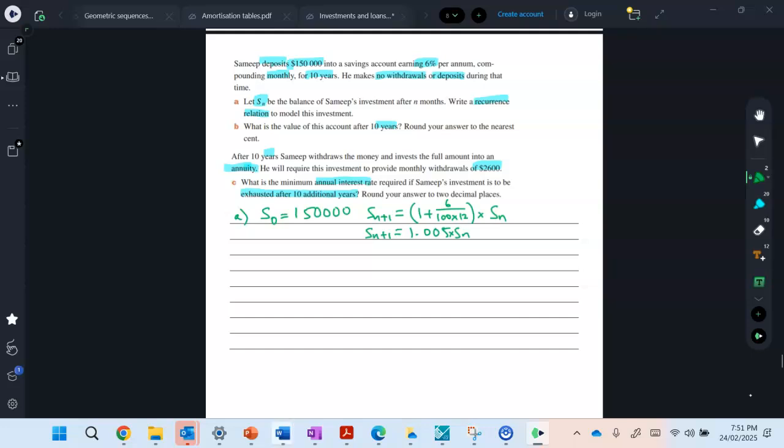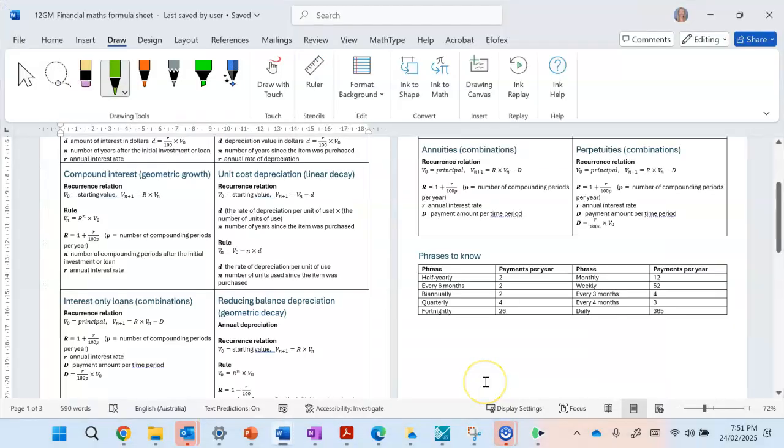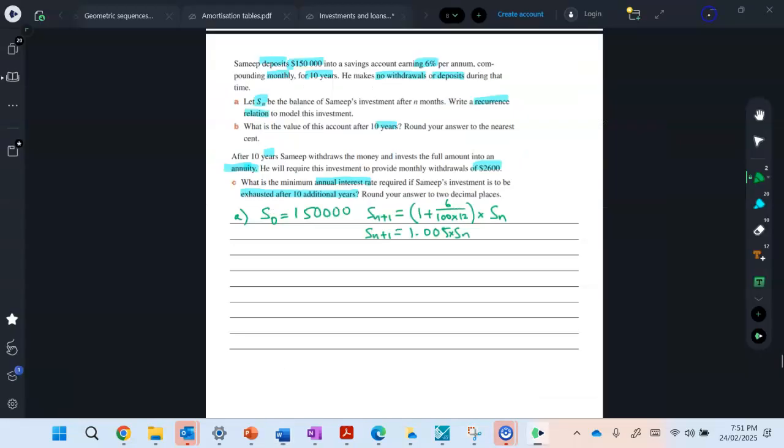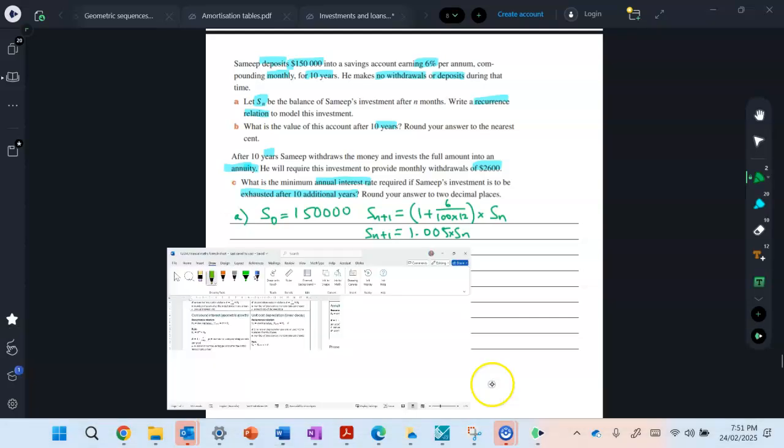Now, if we did a rule, which we can use to calculate the next part, it is just R to the power of N times our initial value. So for part B, we're doing 10 years, so 10 times 12, because that's how many compounding periods you have. Then R, so 1.005 to the power of this 10 times 12 times your initial value. All right, so I just got this straight from this sheet here.